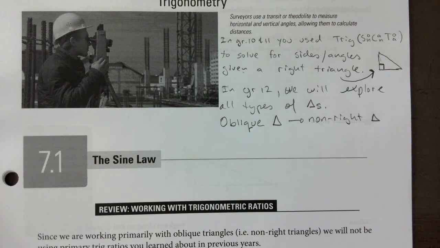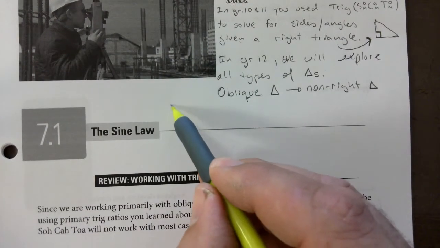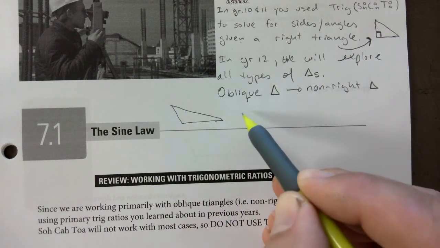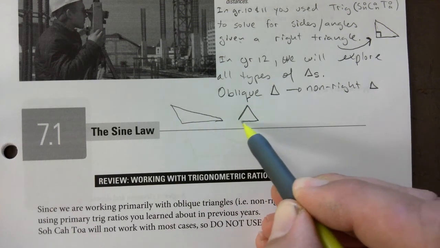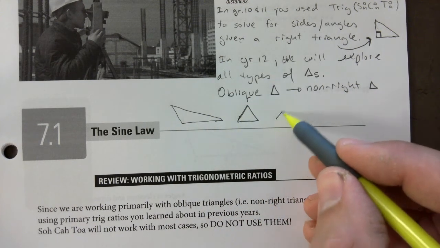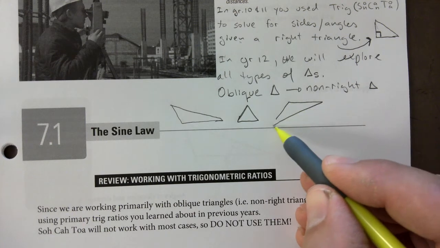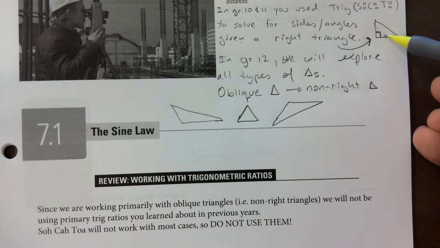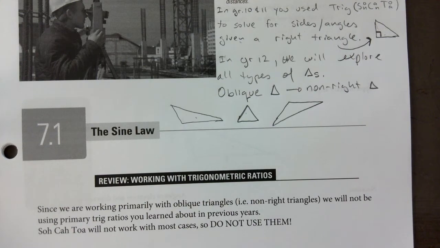That's what oblique means. So if you're thinking of oblique, you're thinking of something like this, something like that. There is no right angle anywhere. So the right triangle is still there, but now we're going to also look at oblique triangles. Okay.